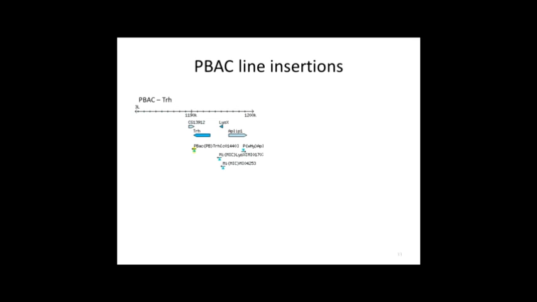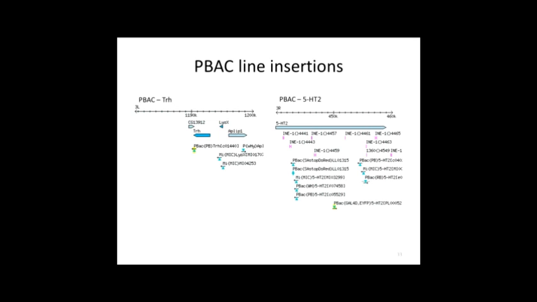As I mentioned earlier, tyrosine hydroxylase is the enzyme that synthesizes tyrosine into 5-HTP. The pBac 5-HT2 line creates an insertion here in the gene that encodes for the 5-HT2 receptor that I showed on the previous slide. And pBac 5-HT7 creates an insertion mutation on the 5-HT7 gene, so you no longer have 5-HT7 receptors.